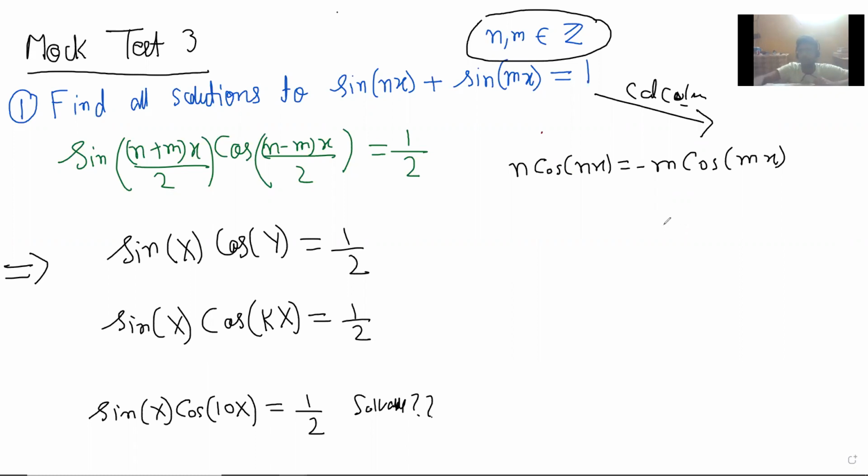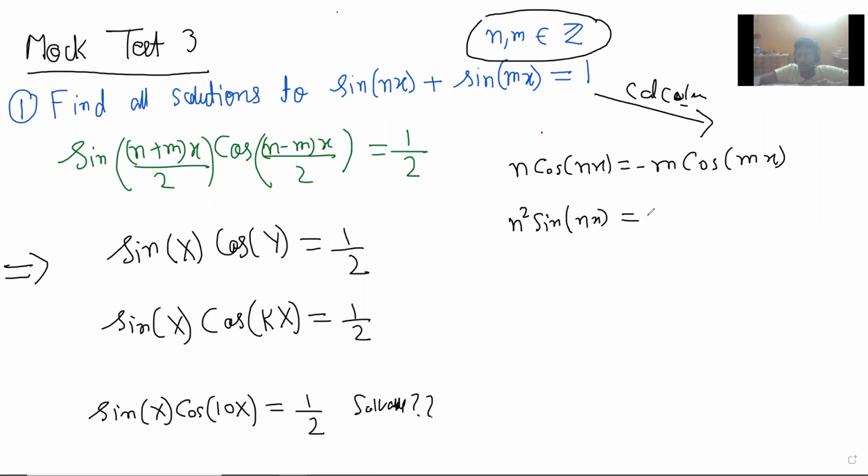Yeah. So then, yeah. So maybe if I differentiate it again, I don't know if that is useful. No, so what is the derivative of cos? It's minus sine, right?